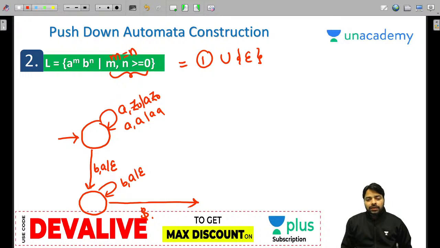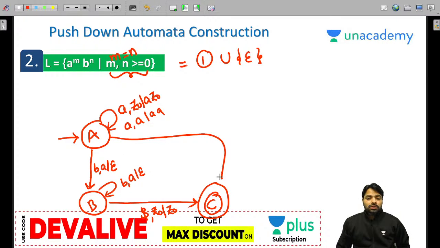But when the end of the input happens, you go to final by looking at Z0, because nothing should be left. Now at least one A and one B come, you go to state B, then go to final state C. But if no input symbol is there, directly dollar comes from A and no A on the stack means Z0, then this represents epsilon, where n is equal to 0.